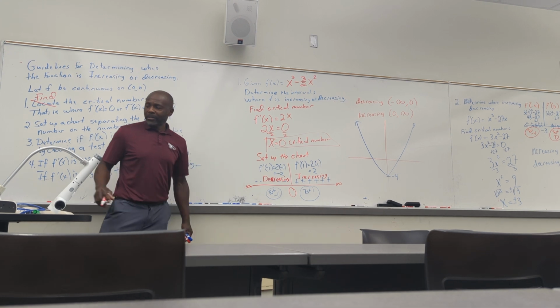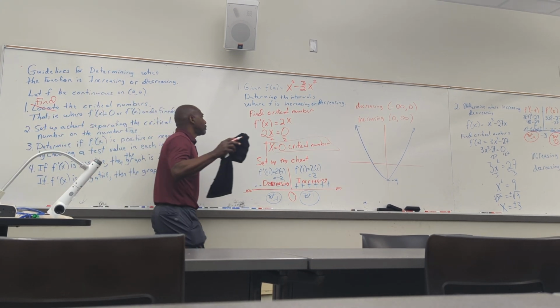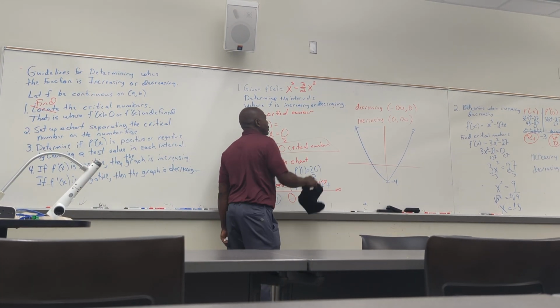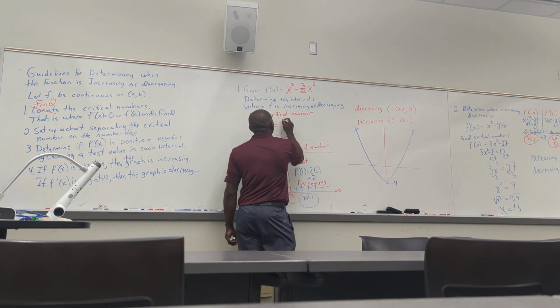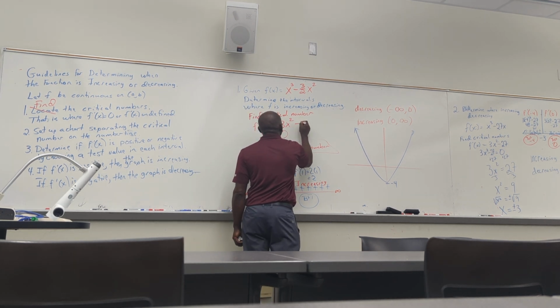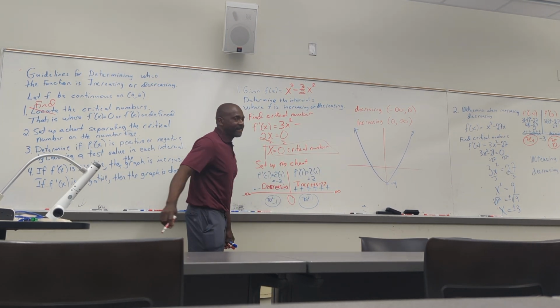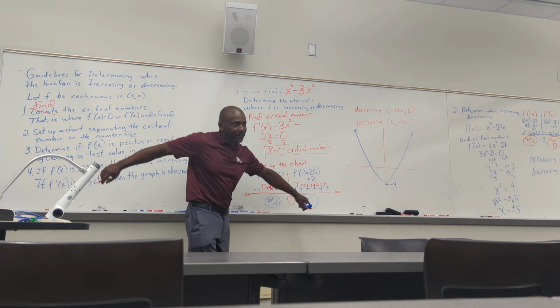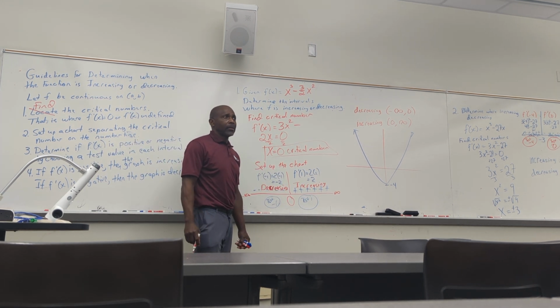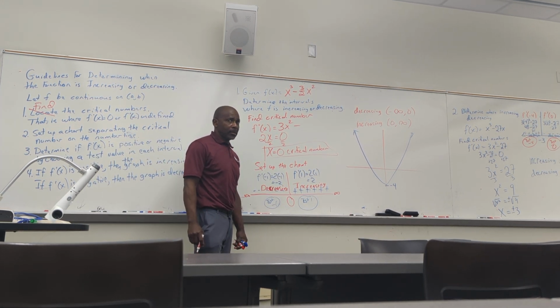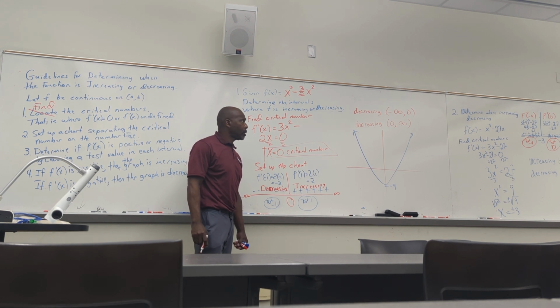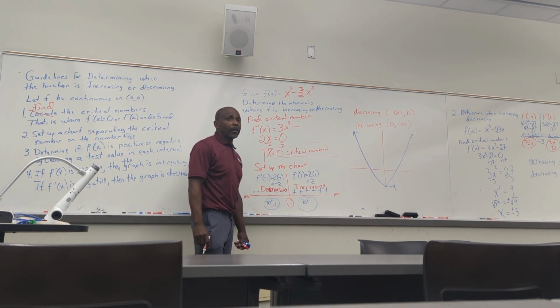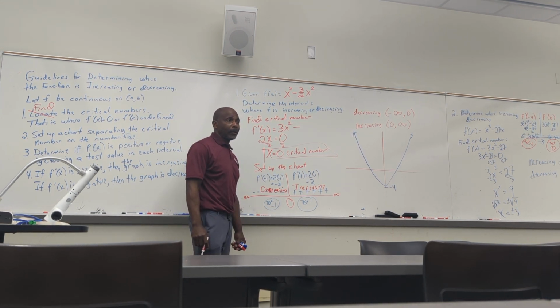Find the critical numbers. What's the first derivative here? 3x squared. So that's 3x squared minus... oh my God.